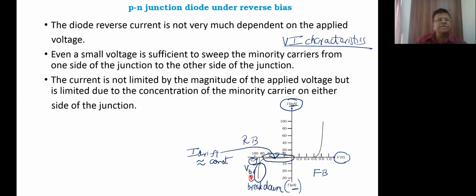This circled region which I'm pointing to now. Suppose I make the PN junction operate in this range, then can you think of any application of the PN junction in that region after crossing the breakdown region? Anyone would like to offer some application?